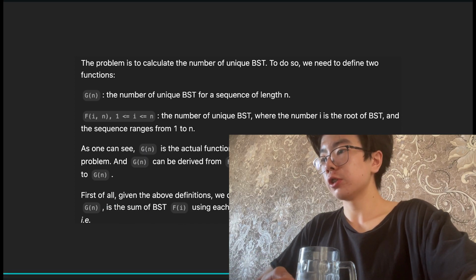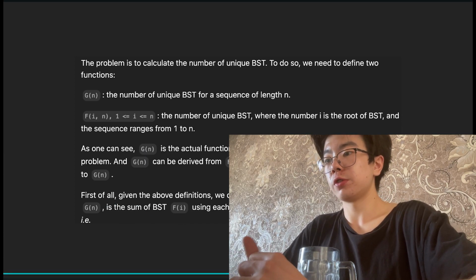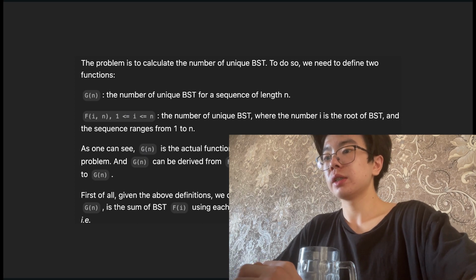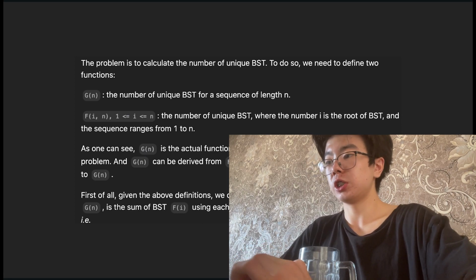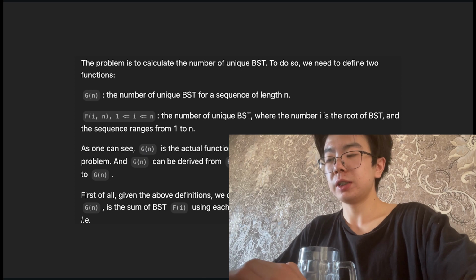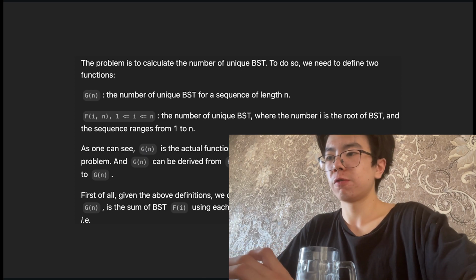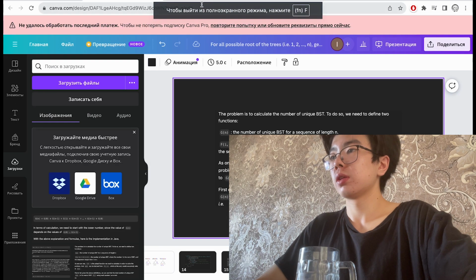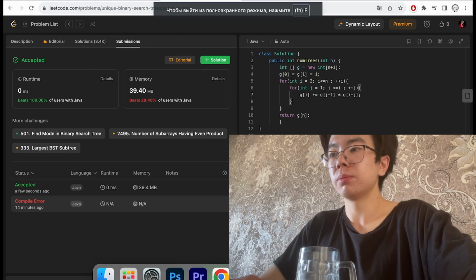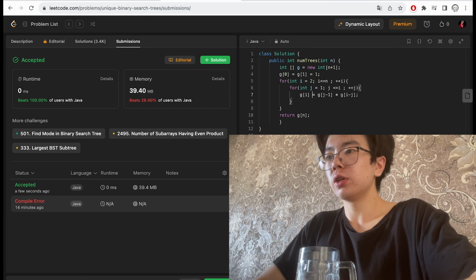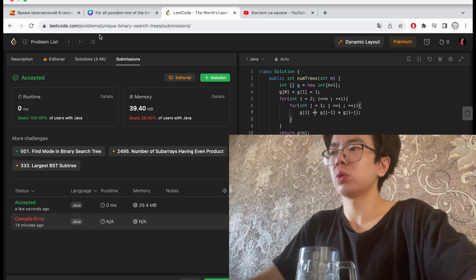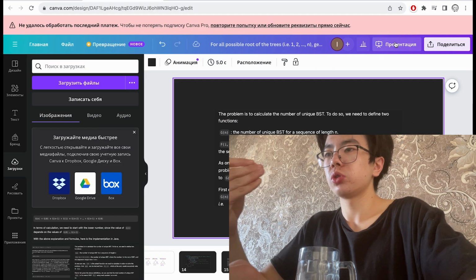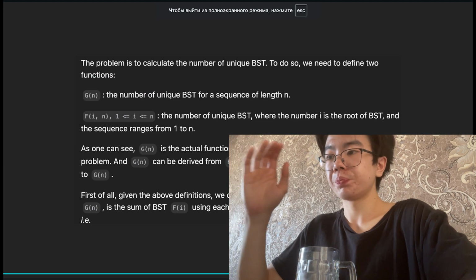So first of all, given the above definitions, we can see that the total number of unique BSTs G of n is the sum of BSTs in our for loop using each number i as a root. So that is why in the code we sum them up. Before I used just equality, so it was wrong because we should sum up all of these values.